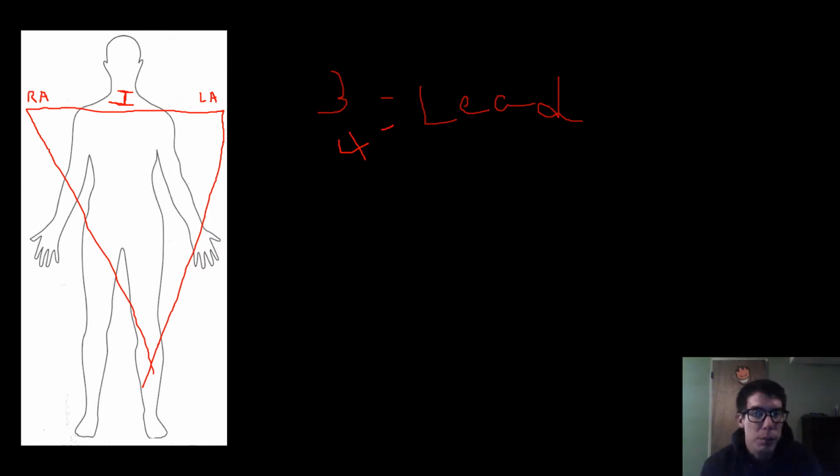So that's lead 1, and then from the right arm to the left leg, that is lead 2, because it's the space between electrodes. That's what makes a lead. So left arm to left leg, that is lead 3.